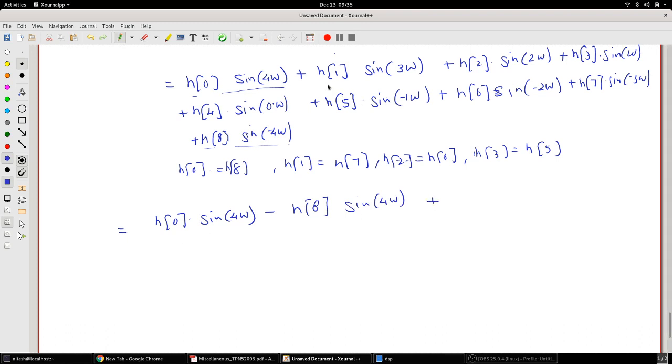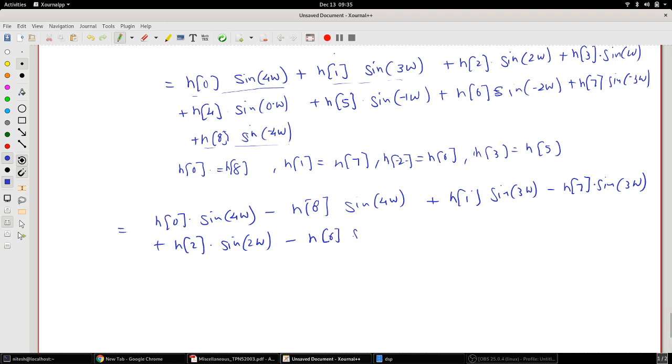Plus, let's take the next terms: h of 1 into sine of 3 omega minus h of 7 into sine of 3 omega, plus h of 2 into sine of 2 omega minus h of 6 into sine of 2 omega, plus h of 3 into sine of omega minus h of 5 into sine of omega.